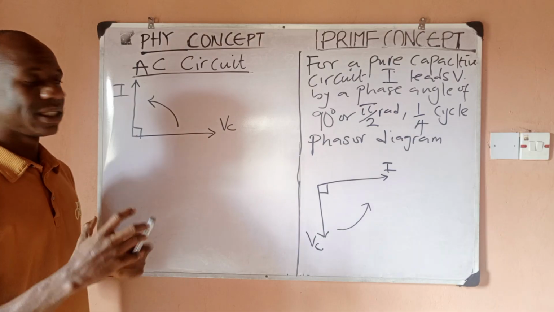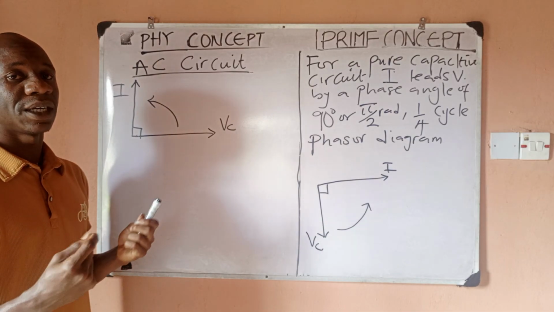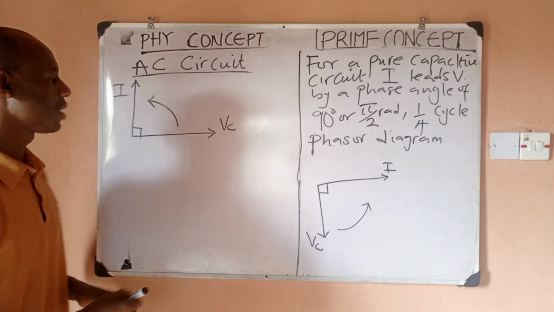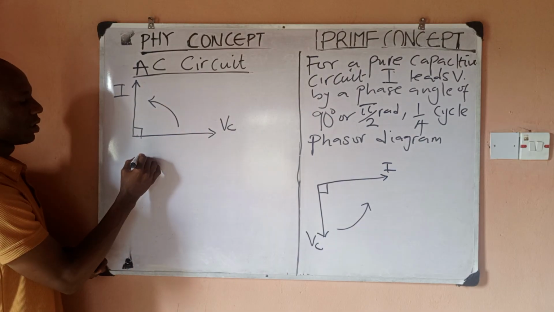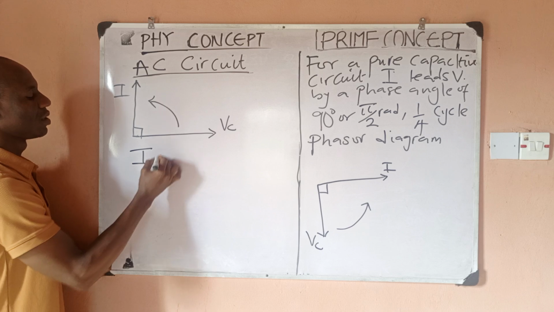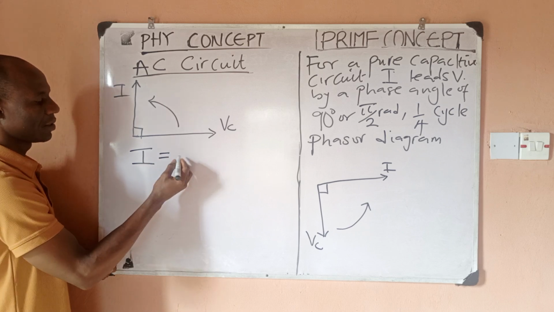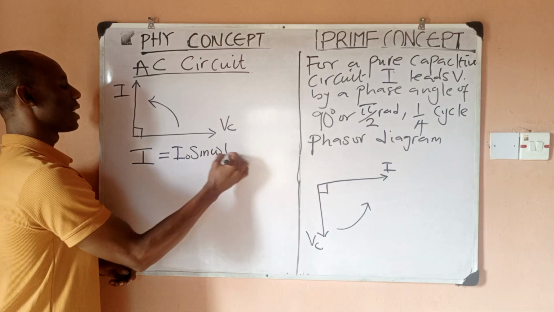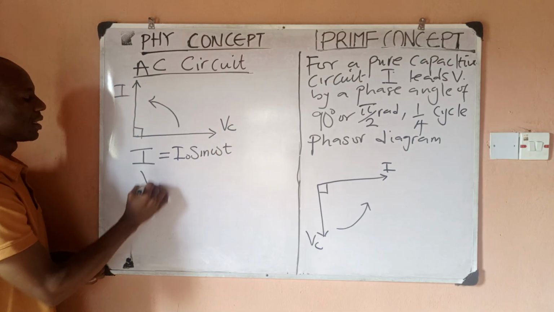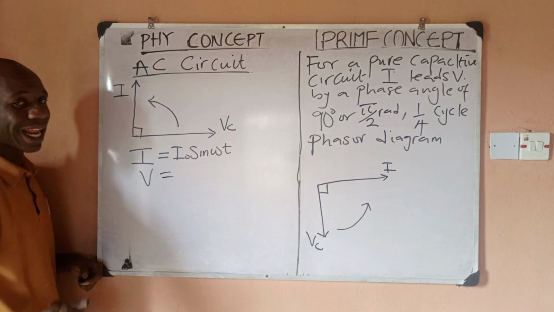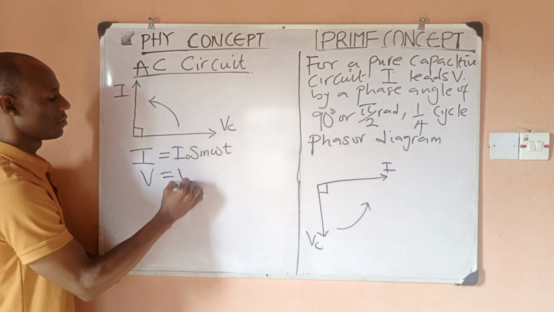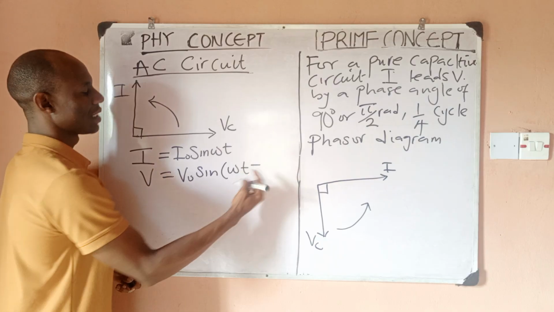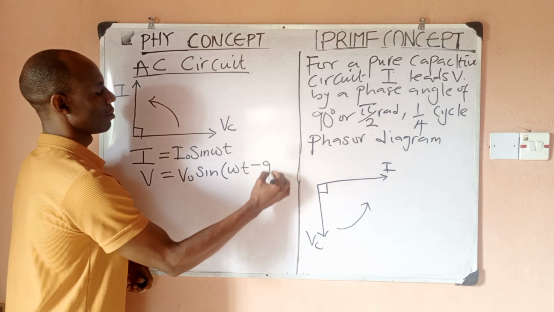Now, what is the instantaneous current and instantaneous voltage relationship for a purely capacitive circuit? If you denote the current as the reference, as I naught sine omega t, it would mean that since my voltage is lagging, my voltage is going to be V naught sine omega t, then the phase angle by which it is lagging, I'm subtracting this.